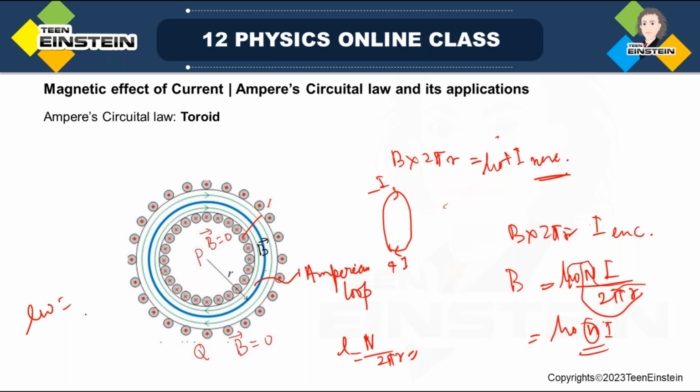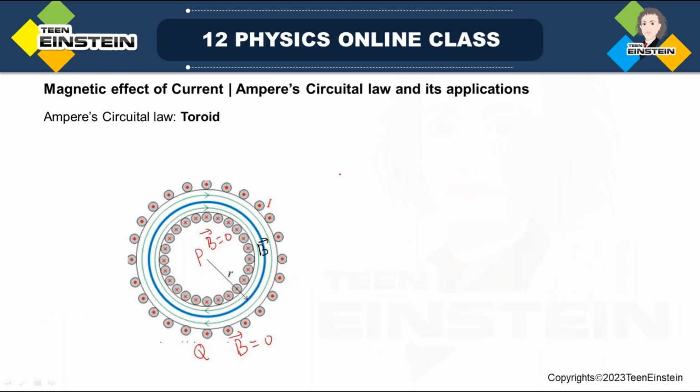So here also, in the case of a toroid, what we get is the magnetic field as mu 0 small n into I. This is the magnetic field we get.